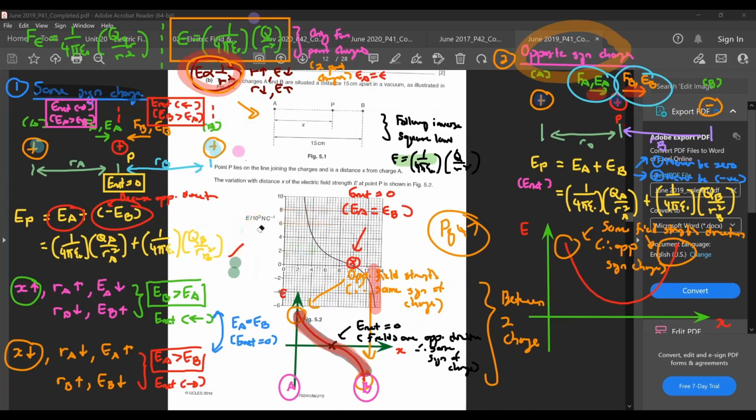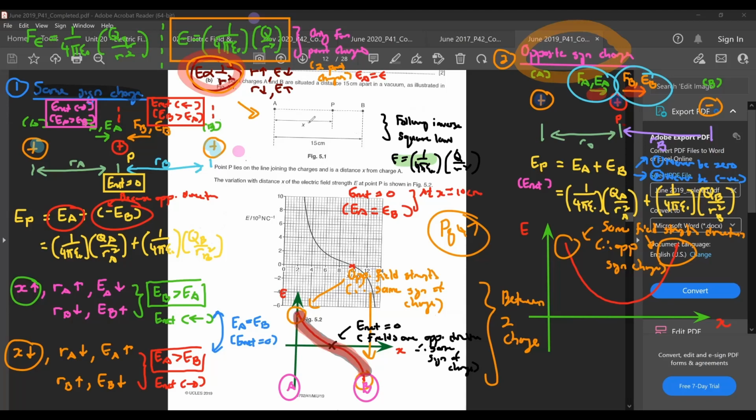This part here you need to be careful a little, because the graph that you have here is actually not really accurate. Say for example, your field strength is 0 at x equals 10 centimeter. What you want to find is RA and RB now.